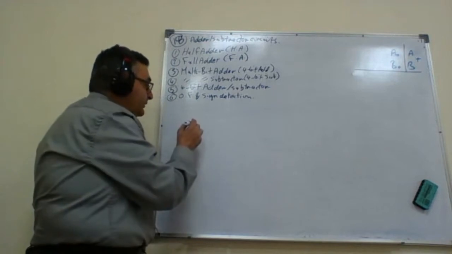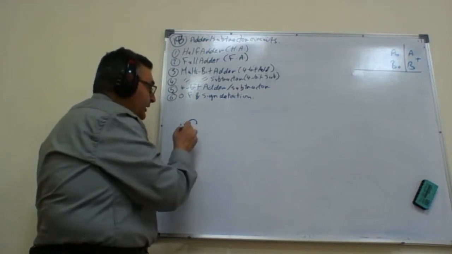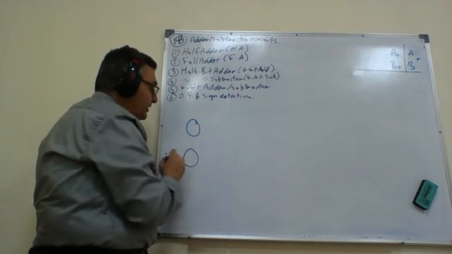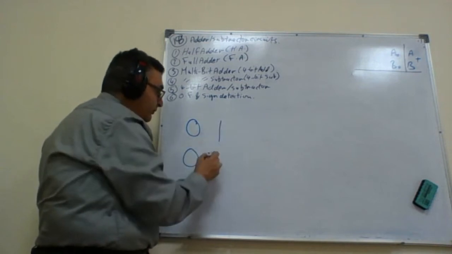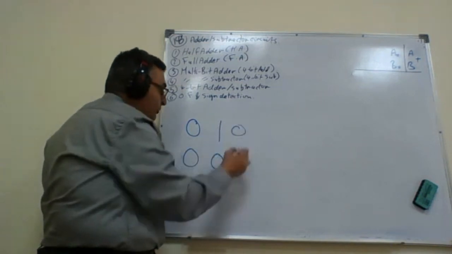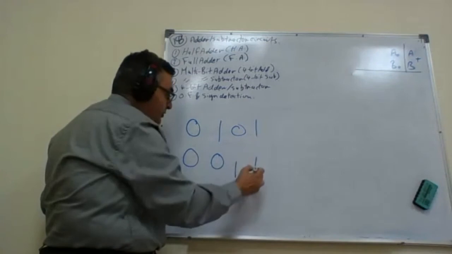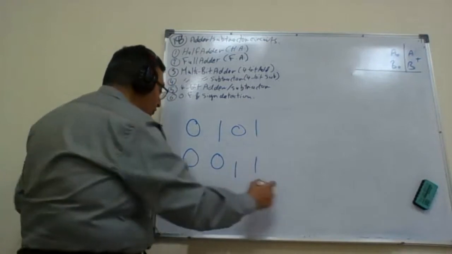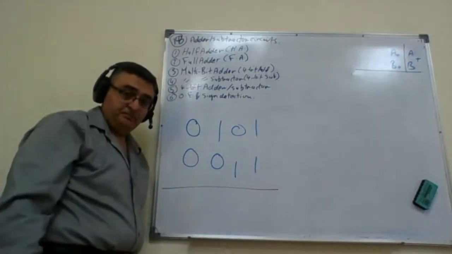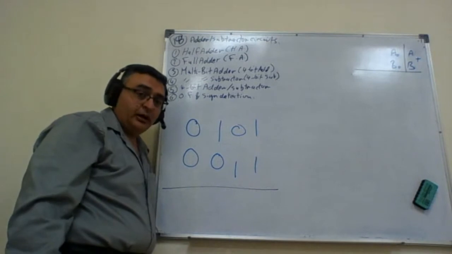I may add A is 0 and B is 0, or A is 1, B is 0, or A is 0, B is 1, or A is 1, B is 1. In each of those 4 cases, what should be the output?